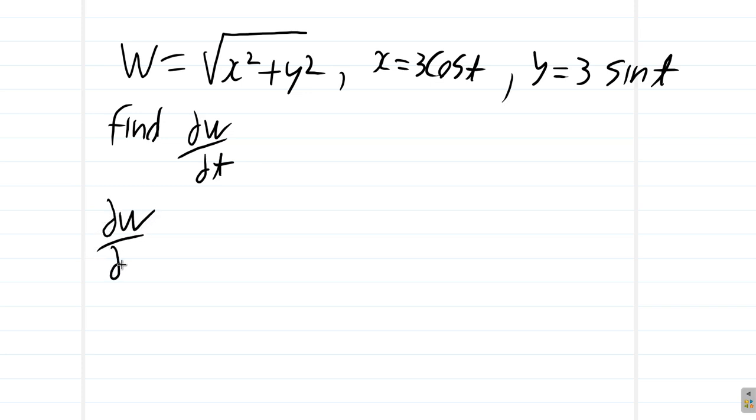delta w by delta t is equal to, you're going to set this up so that if you cancel the various partial derivatives that you have, you will end up with delta w by delta t remaining, right?